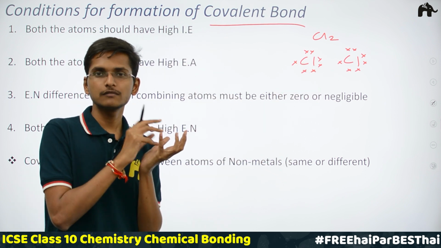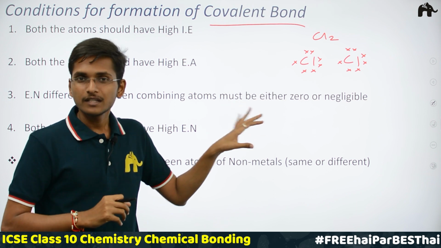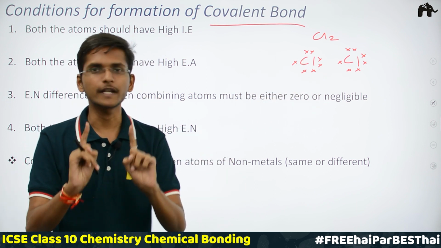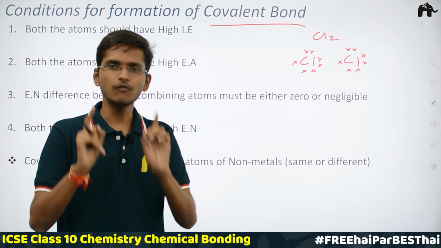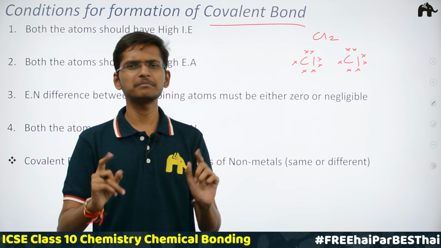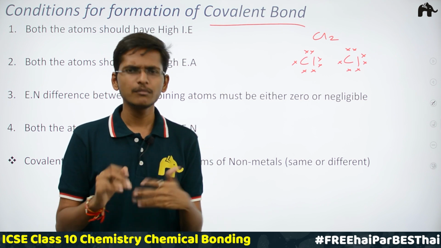Now why have I drawn this? See, both the chlorine atoms have 7 electrons. They are in desperate need of 1 electron, correct? So both of them want 1 electron, but neither is willing to give up a single electron, because they want one more.